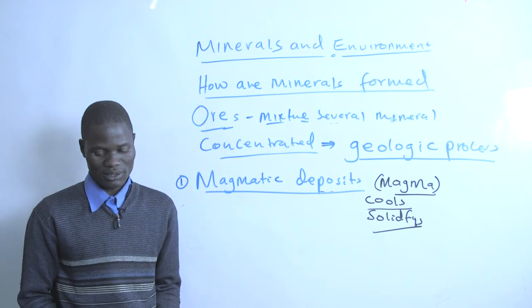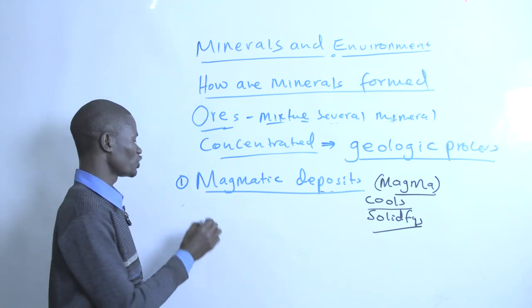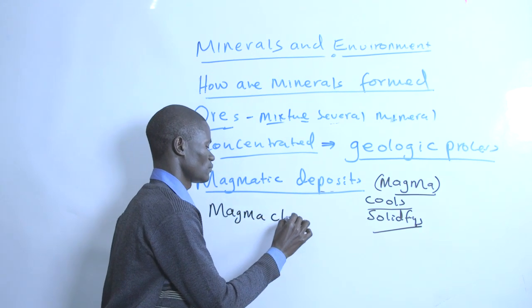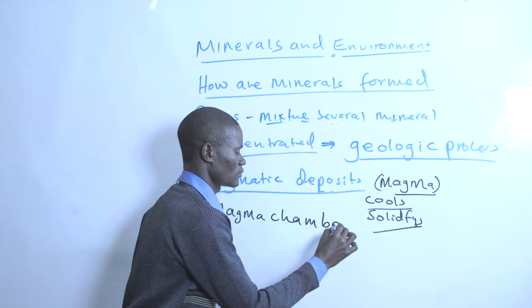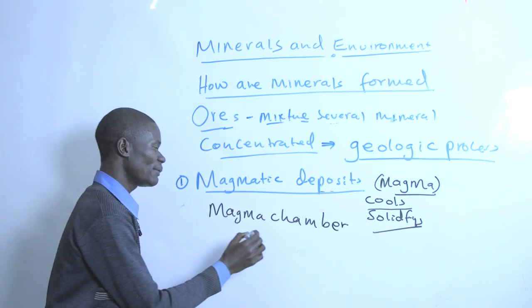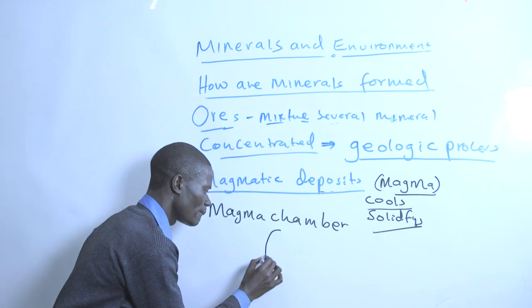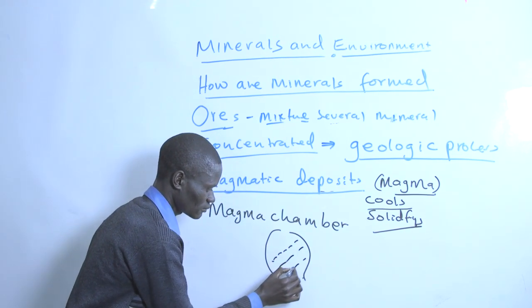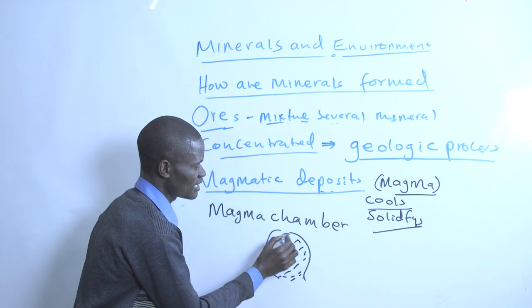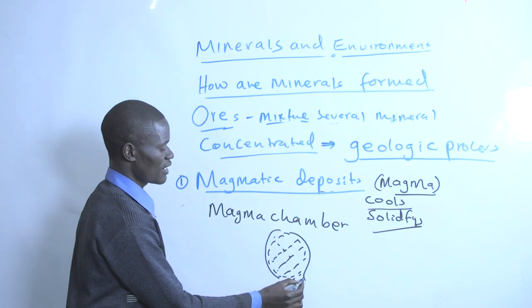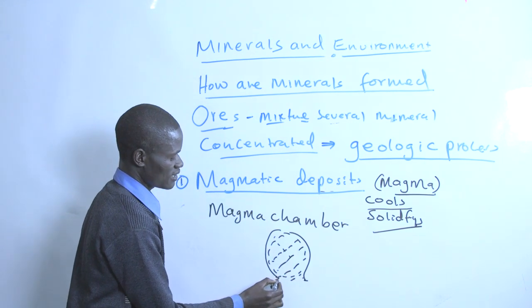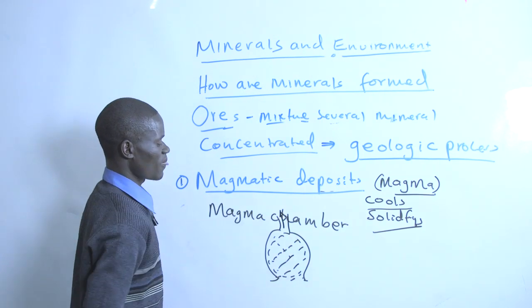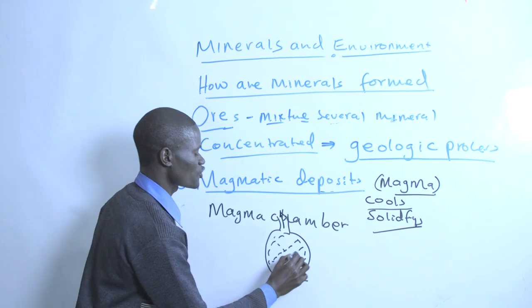And these minerals occur at the bottom of the magma chamber. We'll be able to see the magma now during volcanic eruption. And we learned that magma is a molten state of rocks. As it erupts, remember, this is a molten state of magma.